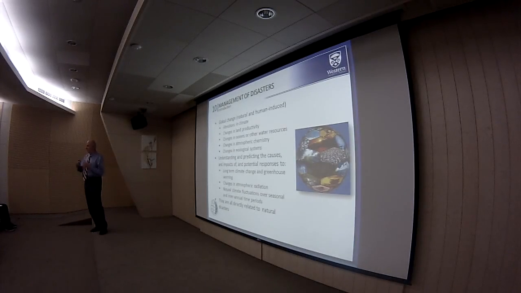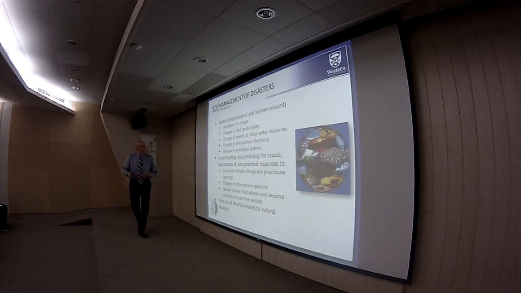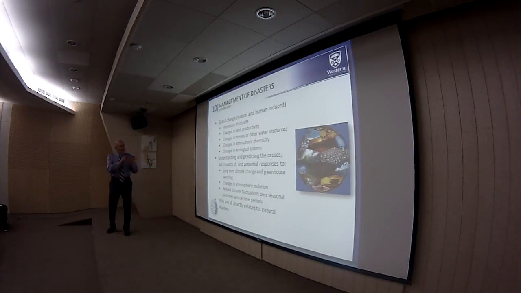In these changing conditions, we are starting to face a very changing environment for understanding, defining, and approaching natural disasters. We are at a stage where the climate is being altered. We are seeing major changes in land use and land productivity. We are observing changes in the oceans and freshwater resources, atmospheric chemistry, and ecological systems, all directly or indirectly linked to natural disasters.